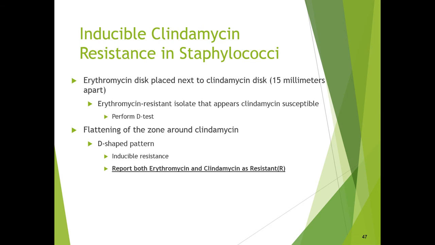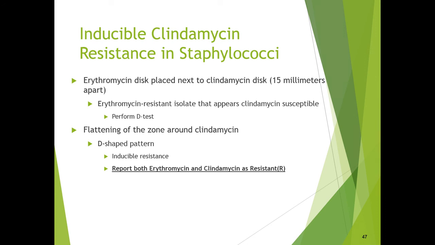Inducible clindamycin resistance can be measured in Staphylococcus. So this involves erythromycin and clindamycin. They're placed 15 millimeters apart on our Mueller-Hinton disc. Erythromycin-resistant isolates that may appear susceptible at first, we need to perform this inducible resistance test.